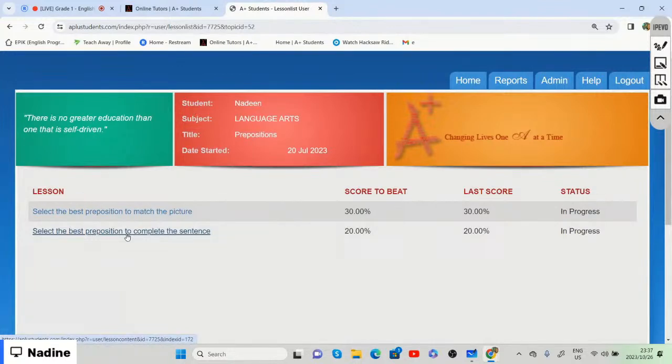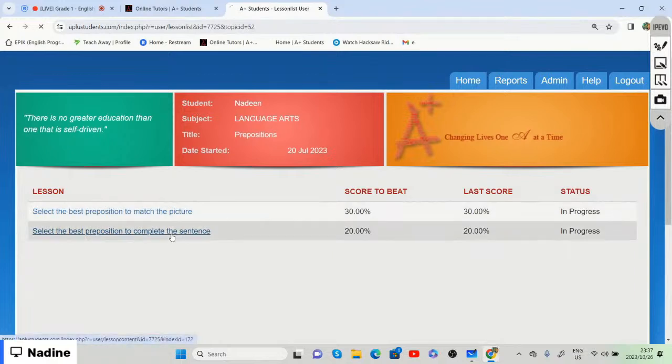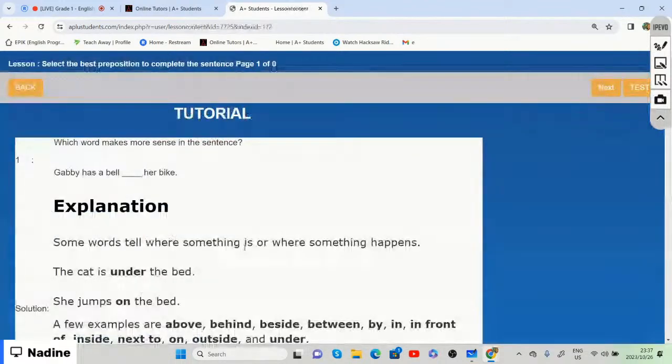And remember we said a preposition is either a word or phrase that tells us where something is or where something happens.